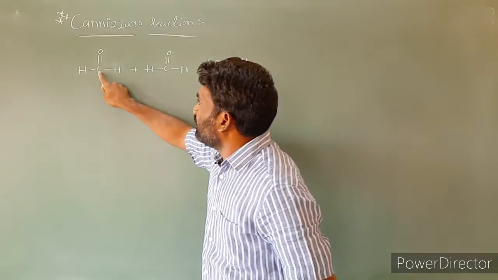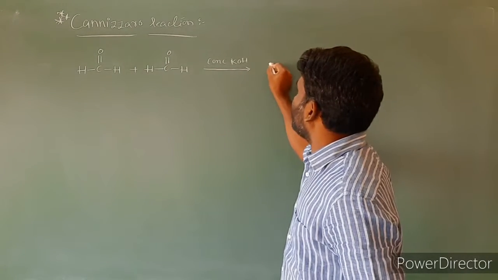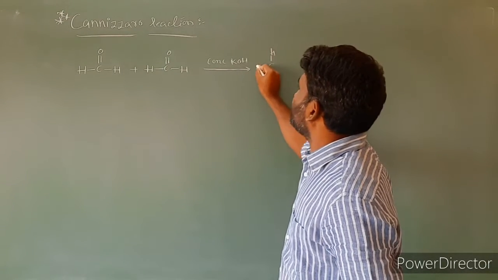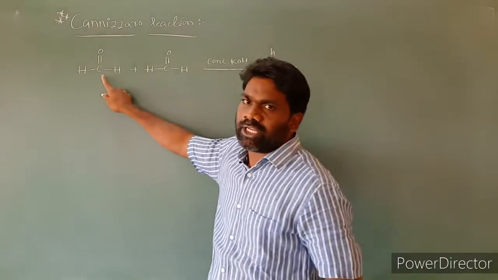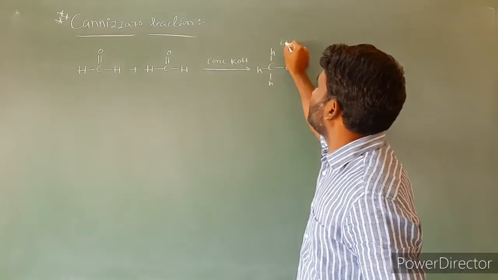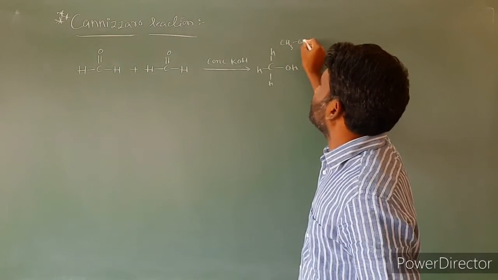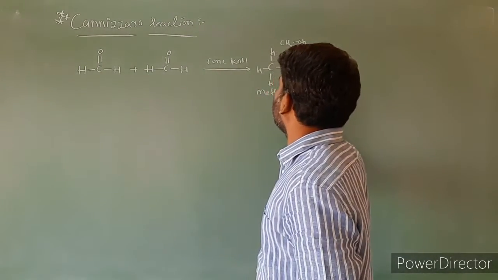So one more hydrogen attaches to it, breaking the double bond, and the product is CH2OH, nothing but CH3OH, methanol. One product is methanol.